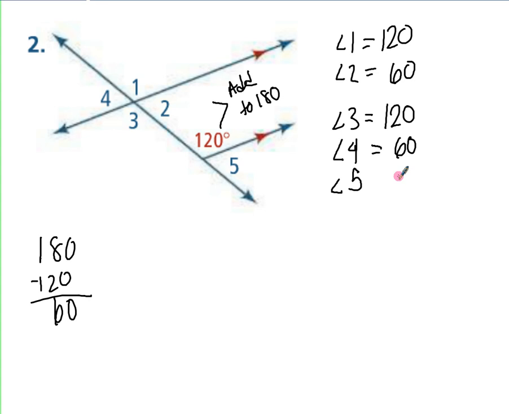Well, not quite. 5 is corresponding to 2. Okay, so 5 is corresponding to 2, and then what are 4 and 5? They're alternate exterior. Okay, good. So what does that mean 5 is? 60. Okay, you could have argued that 2 and 4 are vertical angles, so that means they're congruent.